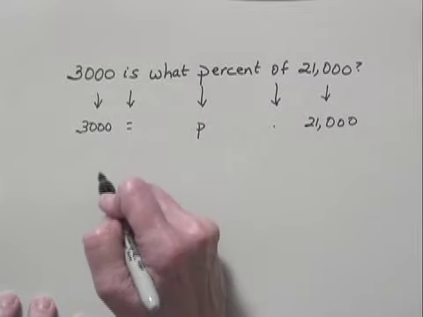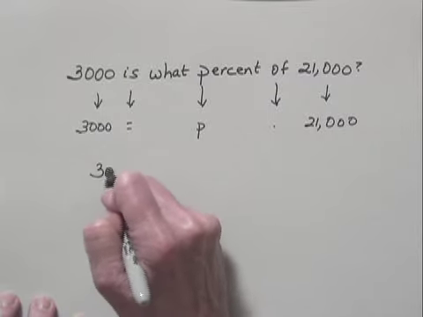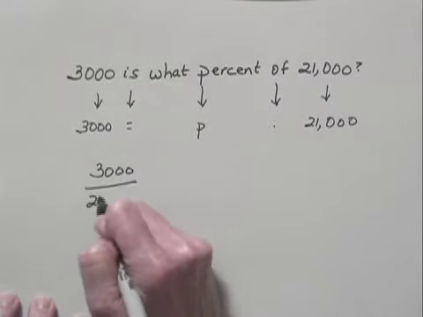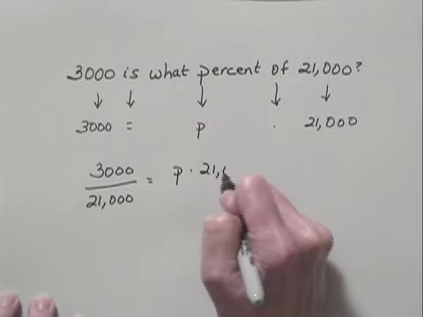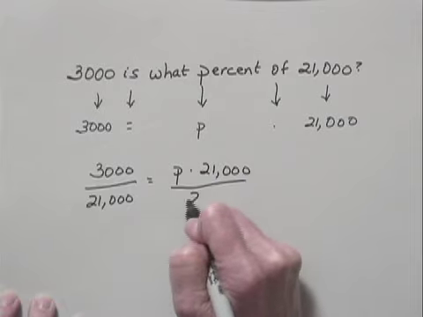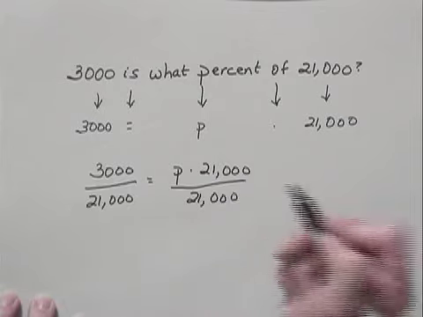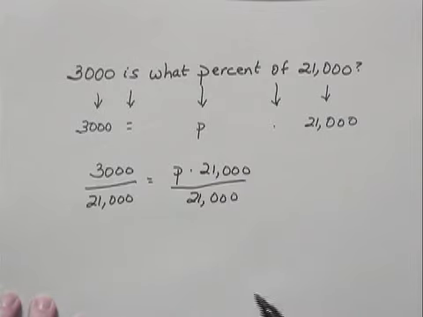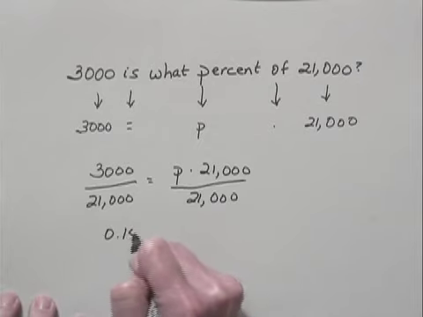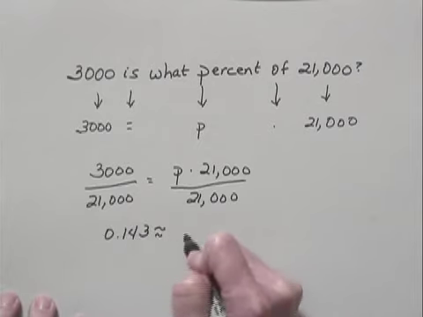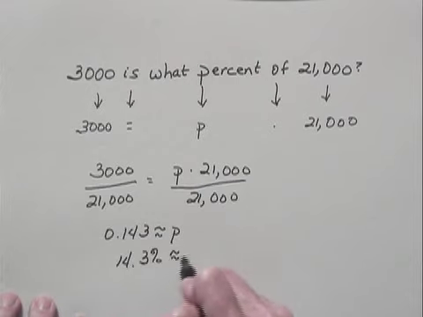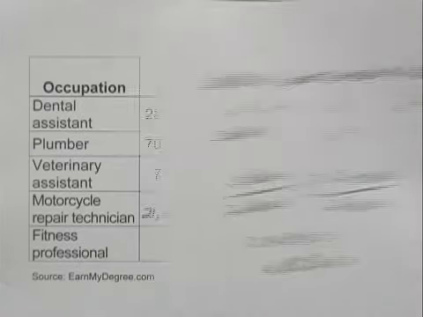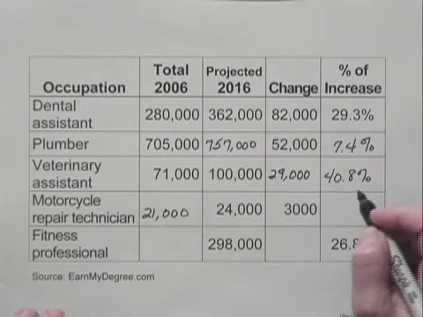And we'll divide on both sides by 21,000 to find P. 3,000 divided by 21,000 is approximately equal to 0.143. And writing this in percent notation, we have 14.3% is approximately equal to P. So let's fill that in the table.